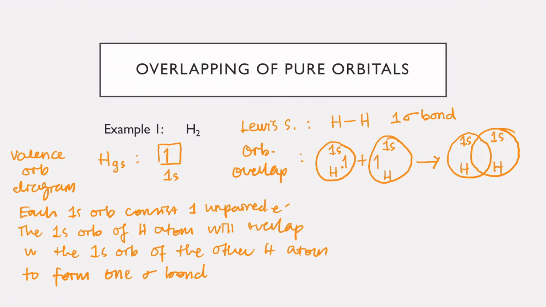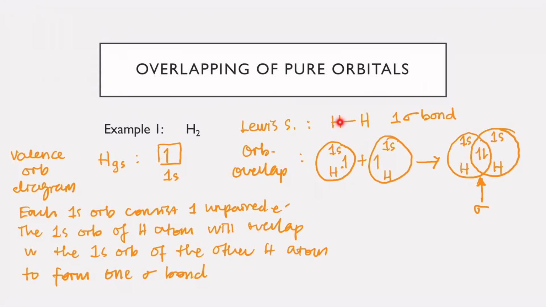Now that you have overlapped your orbitals, that means your electrons will be paired. Since you overlap 2 s orbitals end to end, you will get a sigma bond. So that's the explanation for your hydrogen molecule.